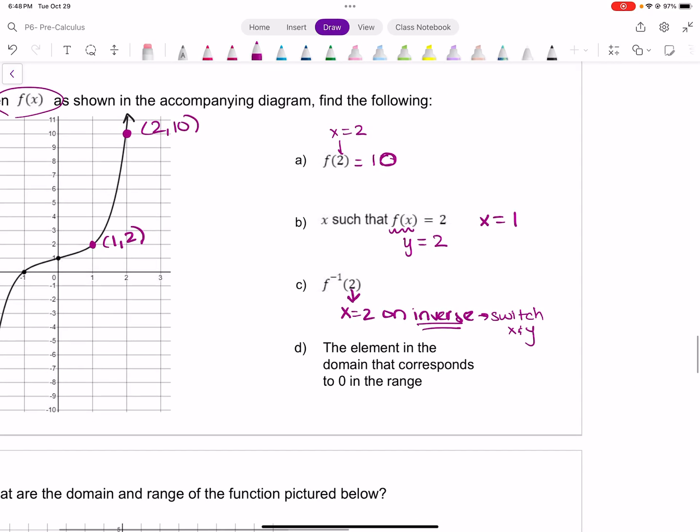It means that y equals 2 on the regular f of x graph because the x is being switched into a y. So here, finding f inverse of 2, you're really looking at the regular f of x graph and finding where y is 2, and the x where that happens is at 1. So B and C are really just the same question, different wording.